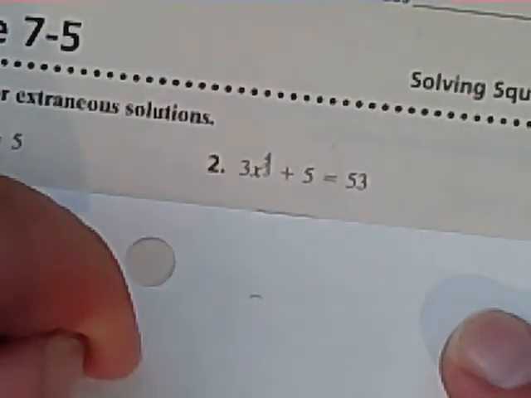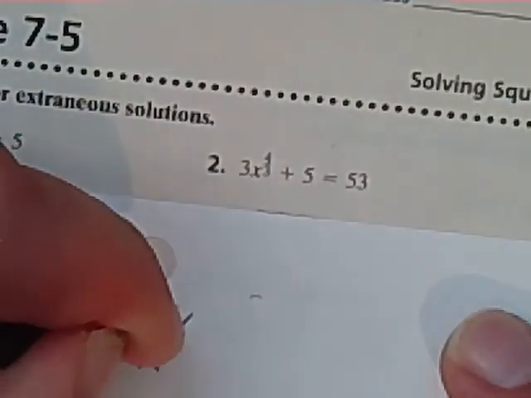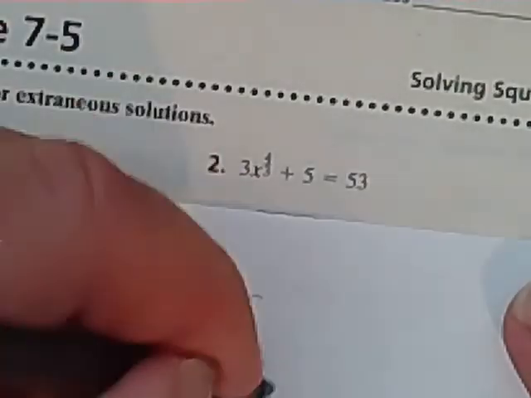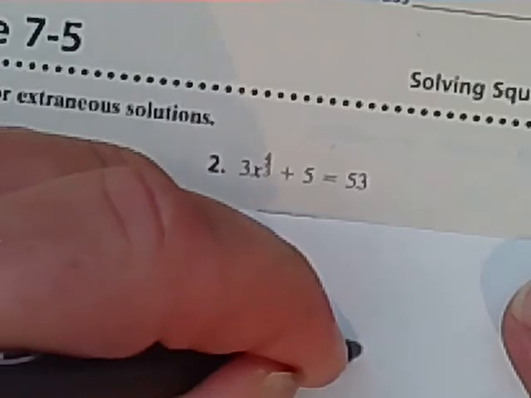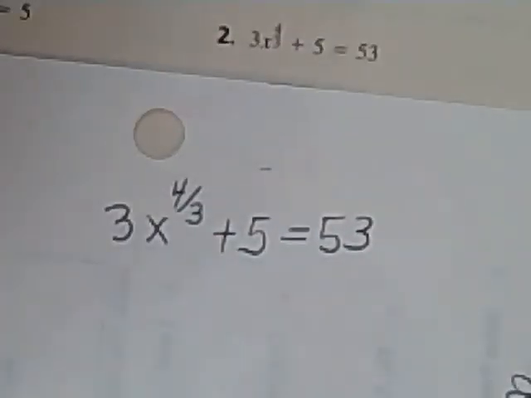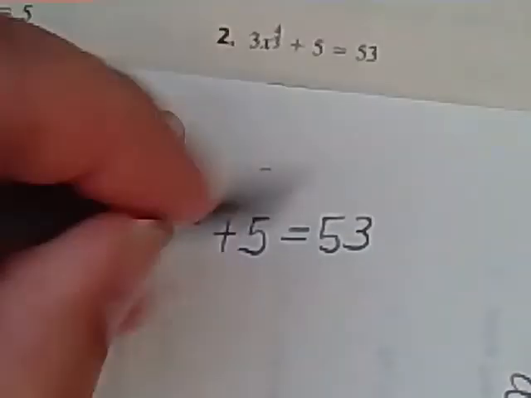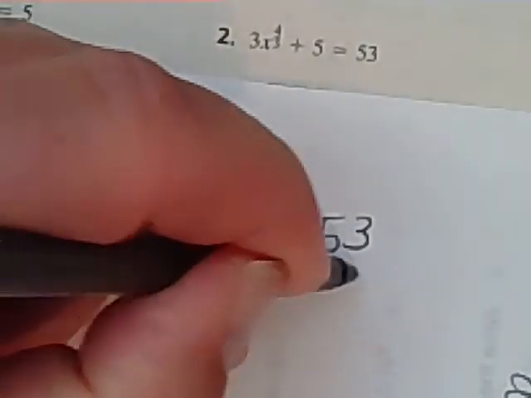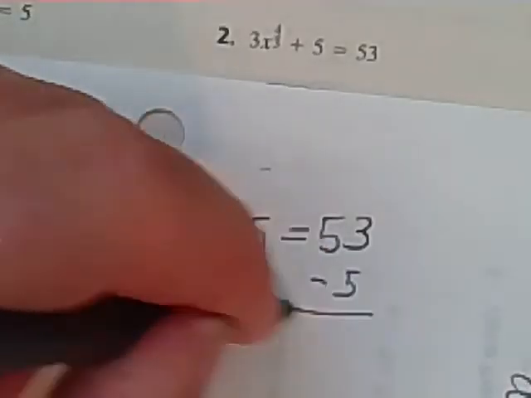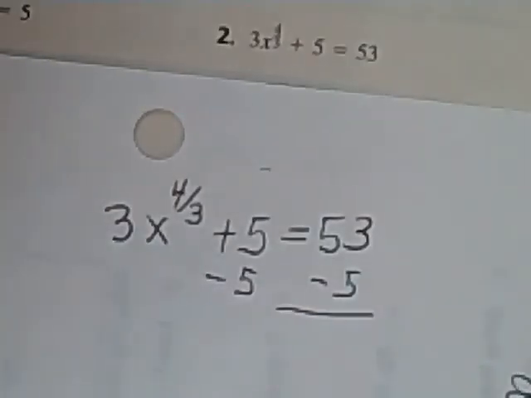3 times x to the 4/3 power plus 5 equals 53. Okay, number 2. My first step would be to subtract 5 from both sides. 53 minus 5 is 48.